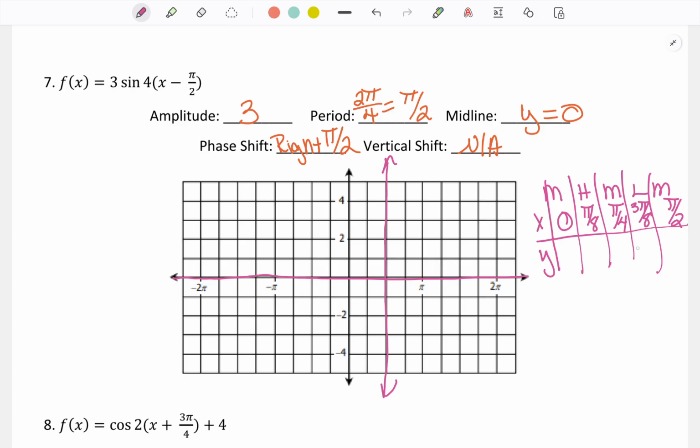So since our amplitude is 3, our low is at -3, our high is at +3, and all of our middles are at 0. So we will have a middle point at every single block. So that's where we're going to start drawing things in at.